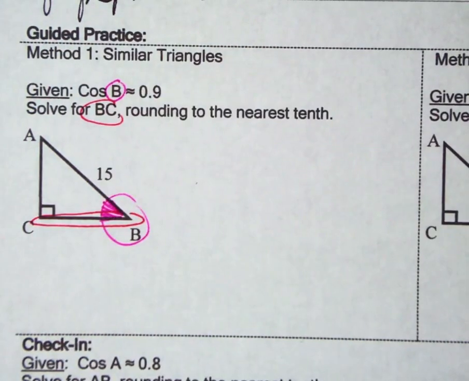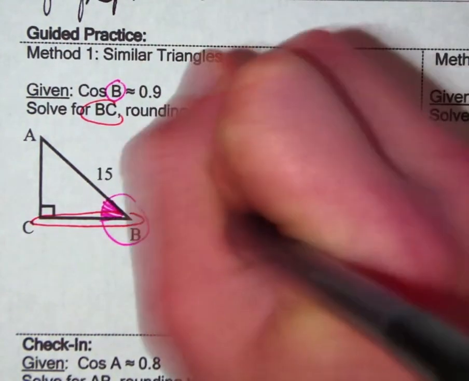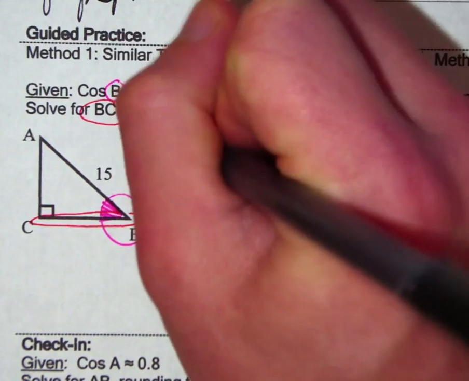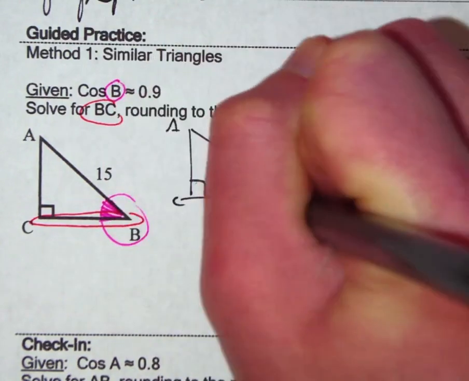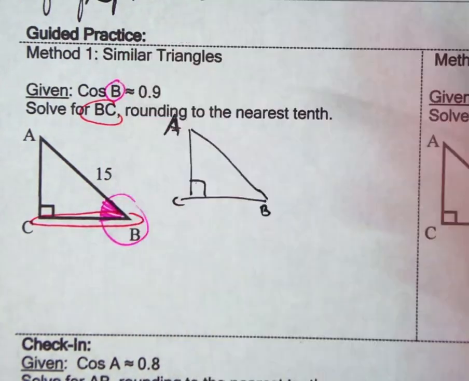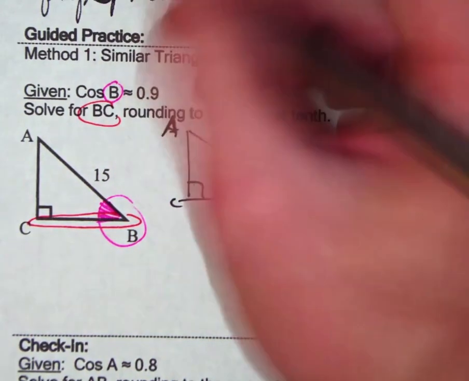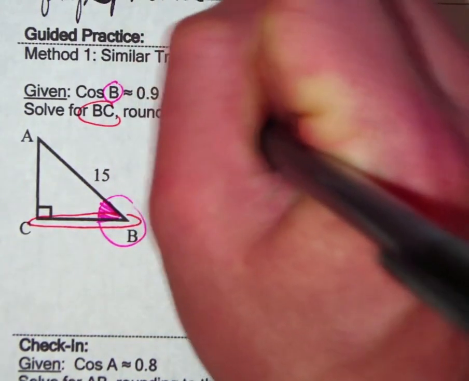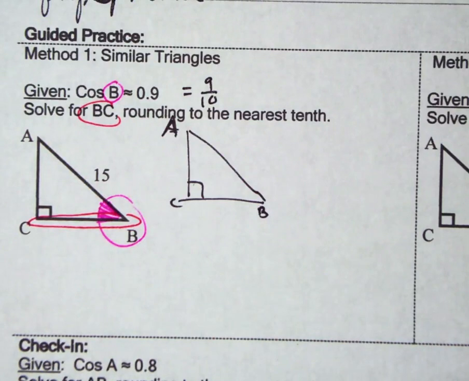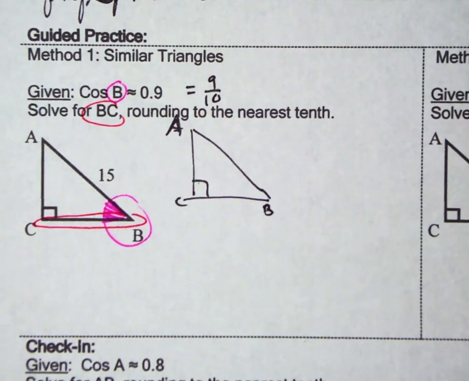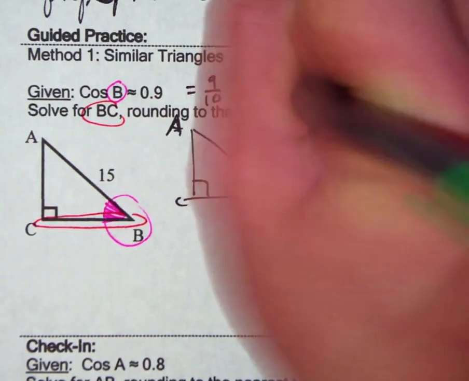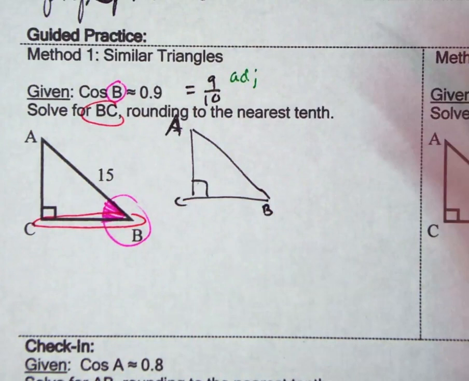And what I can do is I can create another similar triangle right here. And the cosine of B is going to be 0.9, which is really 9/10. But what is 9 and 10? Well, if it's cosine, if we look at the top of our page, SOHCAHTOA, that's adjacent over the hypotenuse.